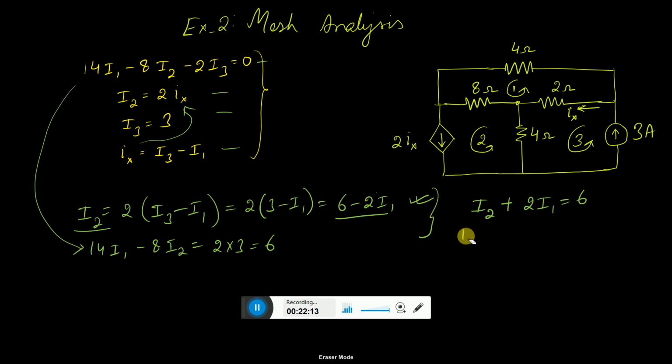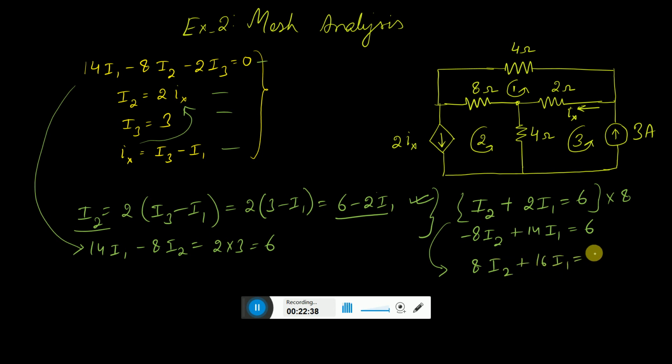Let me write all the I1 and I2 terms on one side, that is minus 8 I2 plus 14 I1 is equal to 6. It looks very simple. Here I will multiply by 8. After multiplying by 8, I get 8 I2, and here I get 16 I1, and 8 times 6 is 48.